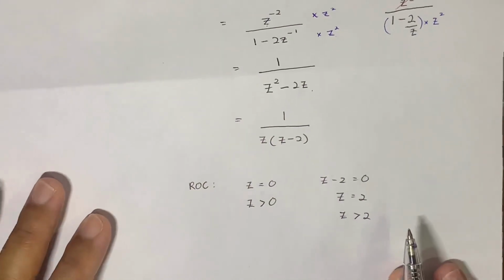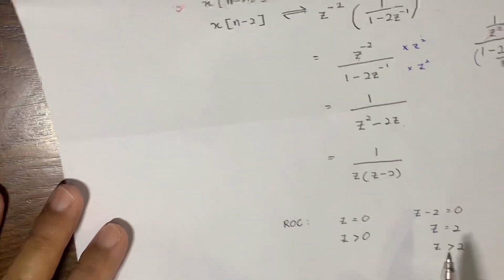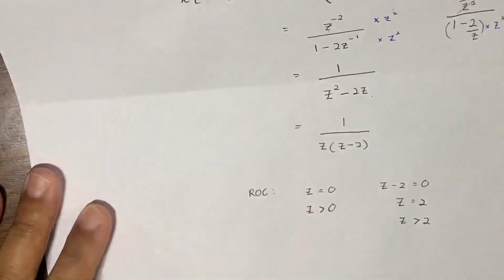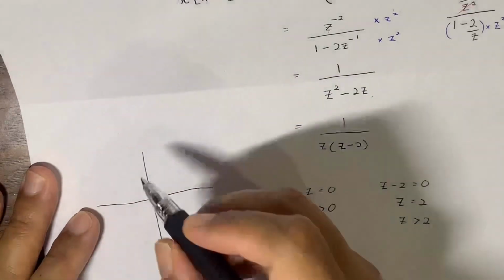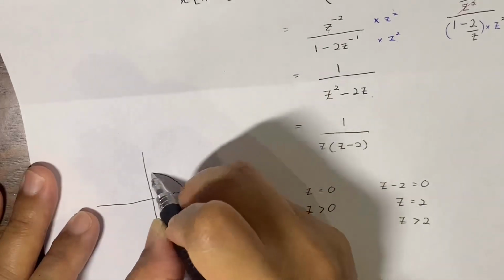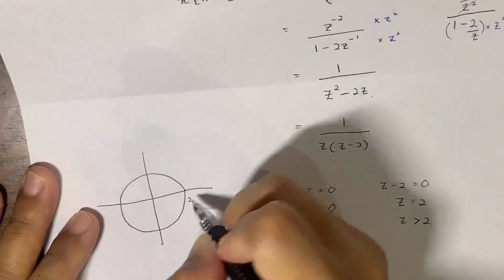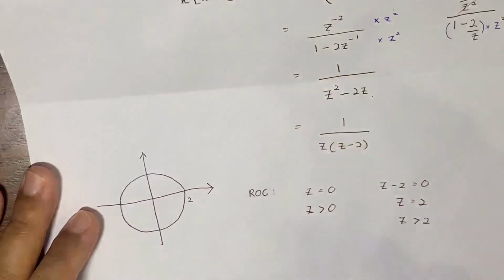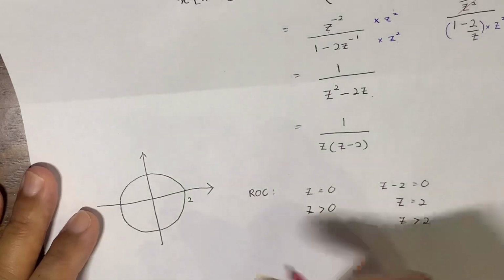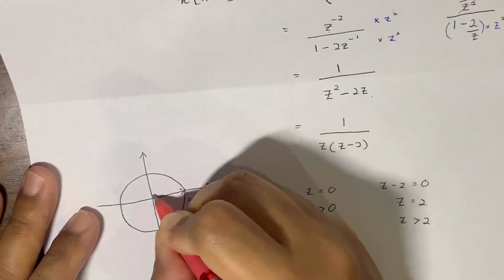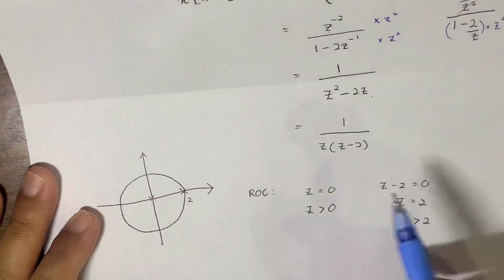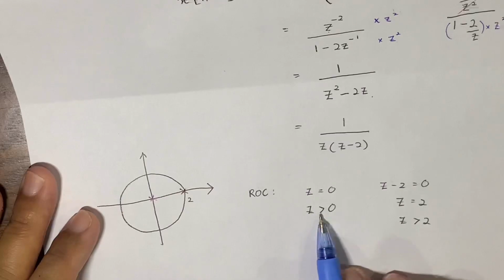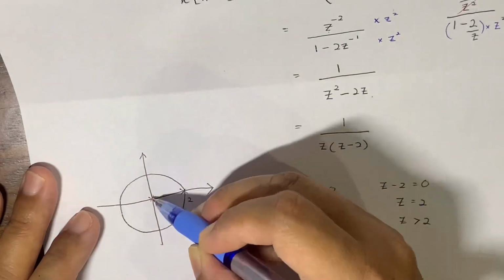Okay, I will show you how to draw the ROC. So now we have the Z plane. This is the poles. Z bigger than 0 is from here.